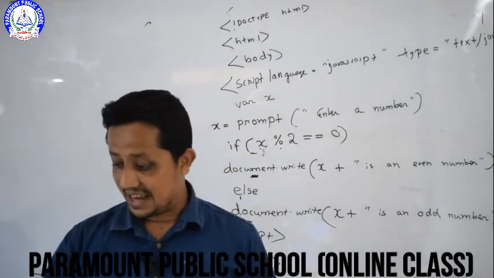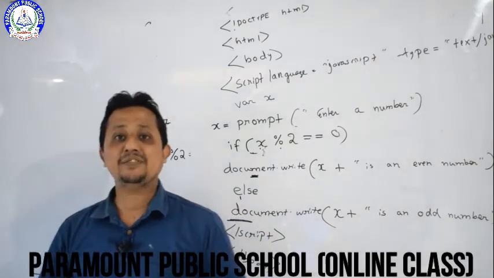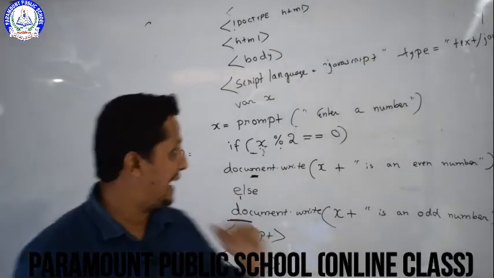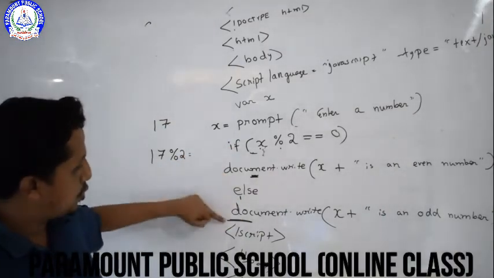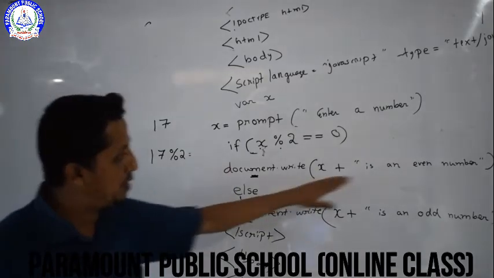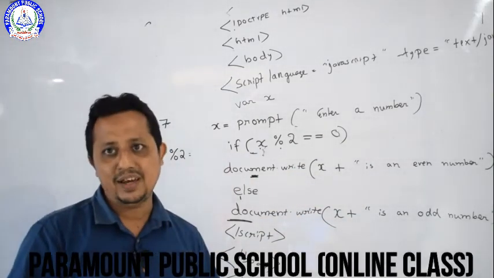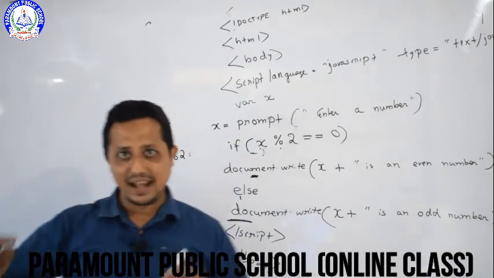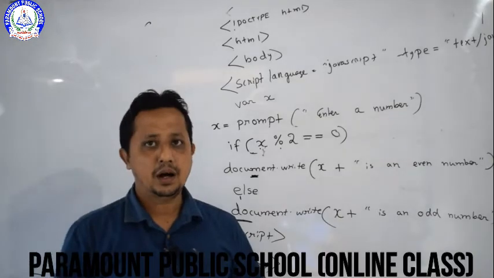Next I am moving to another topic, if else if. The if else if is used when we have more than one condition. If either the number will be odd or even, then we use if else. Basically we use if else if when there are more than two alternative ways.